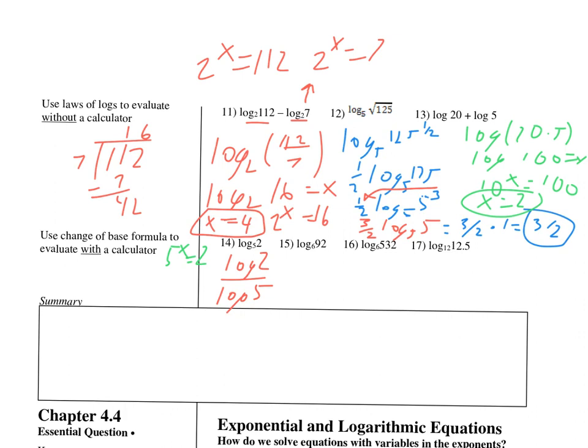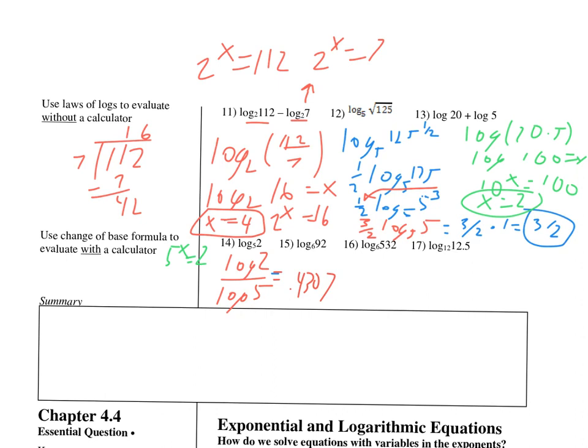So I really don't like the way that the iPhone calculator does logs. So I'd really recommend either that app that I recommended, or if you have your own scientific or graphing calculator, that's great. Or if you can just use Desmos, that's fine too. So I'm going to do it here, log 2 divided by log 5, and that comes out to 0.4307. I'd say 4 digits is fine.